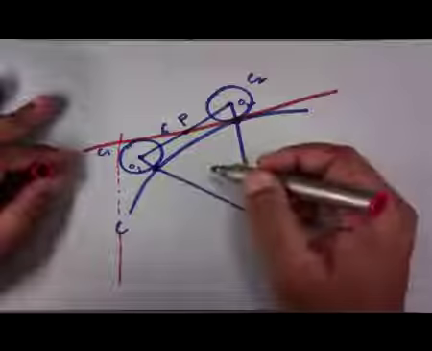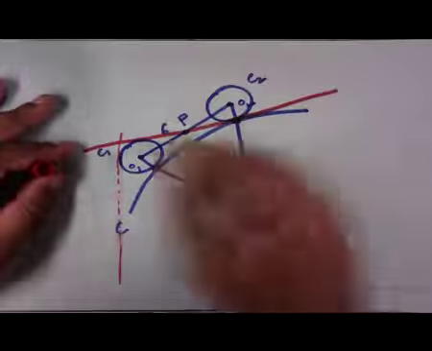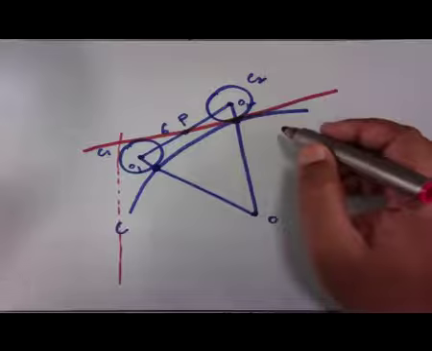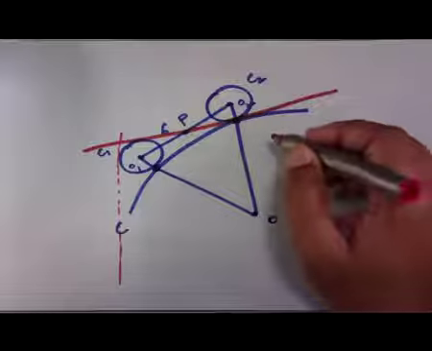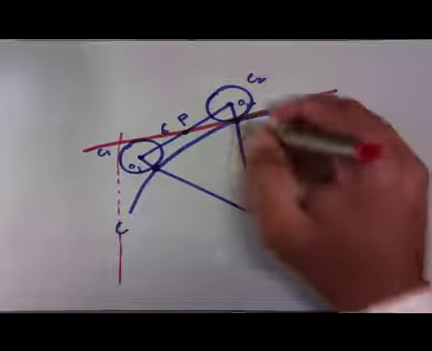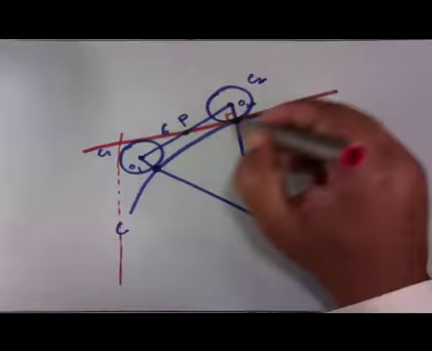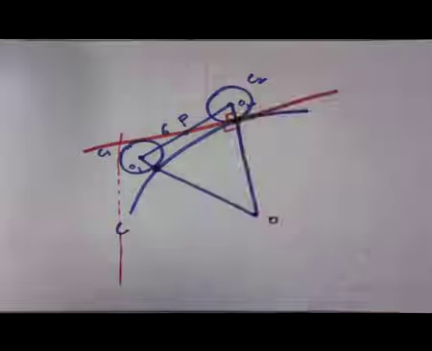So, since this red straight line is a common tangent between C2 and C, these two angles must be 90 degrees.